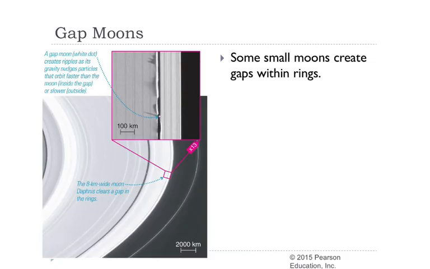Here's a nice detailed image of one of the moons. And so these act as shepherd moons. These moons clear out all of the debris within the path, and it keeps all of the other debris kind of in check there. So where you see these grooves, there are moons in there that are keeping all of this debris kind of in line.